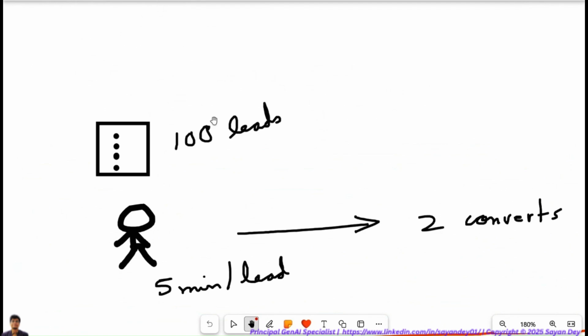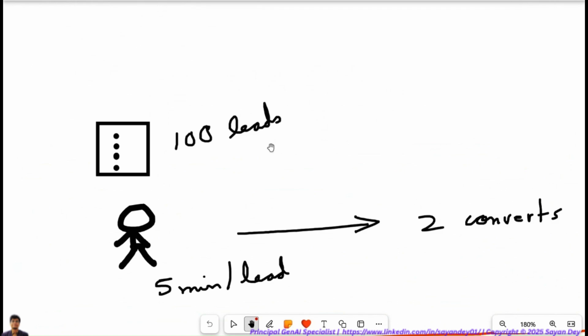So there are 100 predictions, but you end up getting only two converts. So there are 98 false positives, 98 leads which you think will convert, but in reality they're not converting.